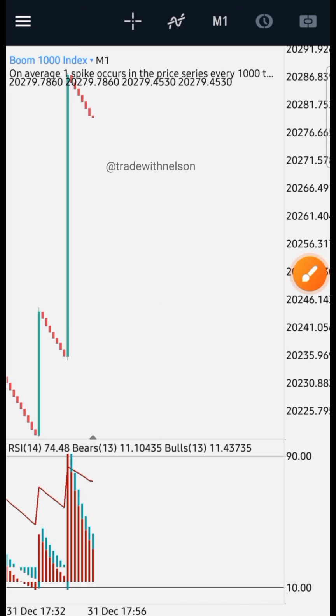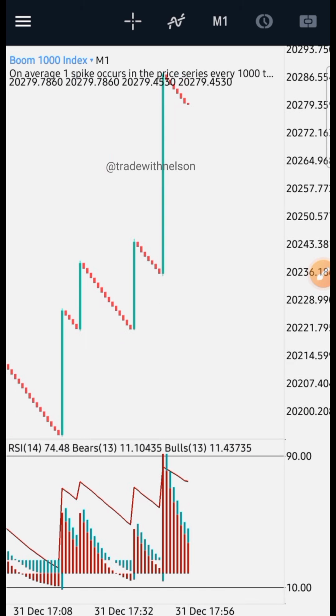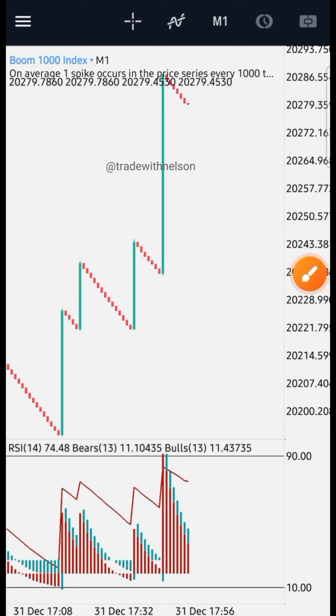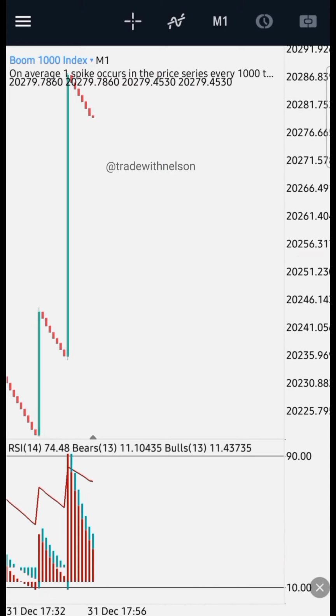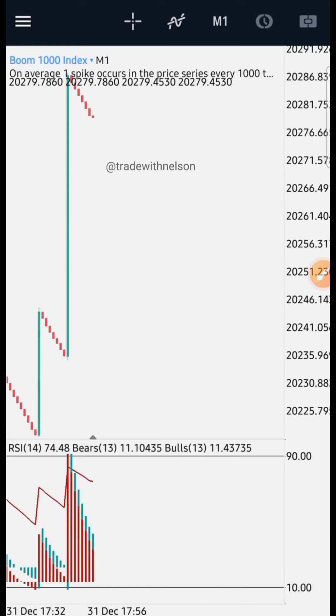The bear power is used to know when the sellers are in control and when the buyers are about to change and give power to the sellers, while the bull power is used in the opposite direction to help us know when the buyers are in control and when the sellers are weak and the trend is changing to the buyers. That is the purpose of the bear and bull power.